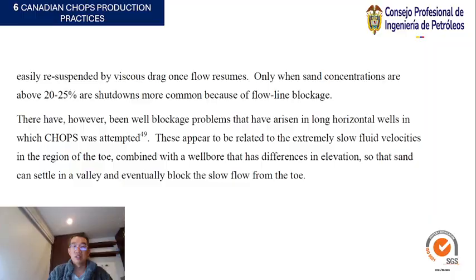attempted. This appears to be related to the extremely slow fluid velocities in the region of the toe, combined with a wellbore that has differences in elevation, so that sand can settle in a valley and eventually block the slow flow from the toe.